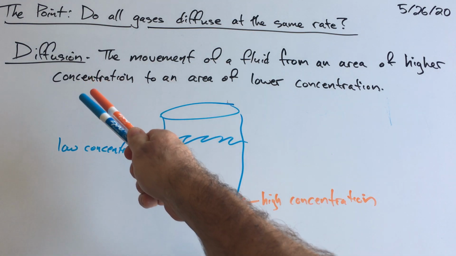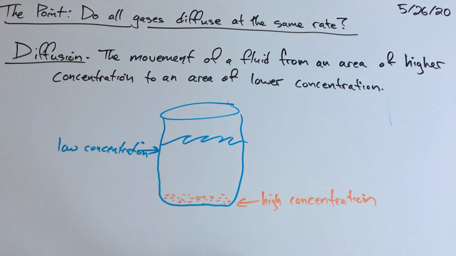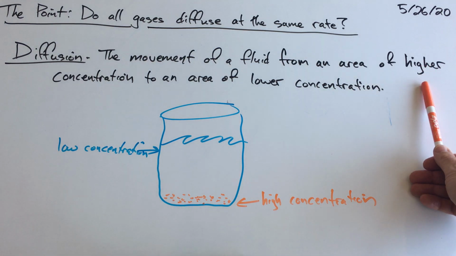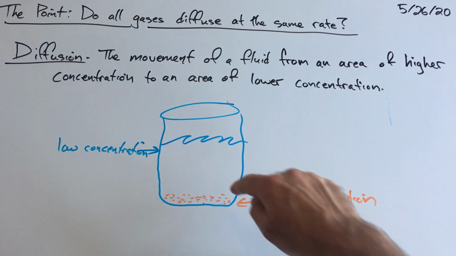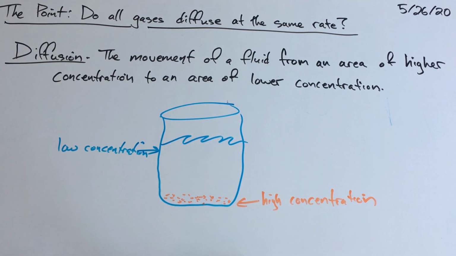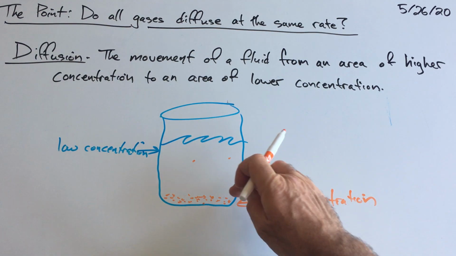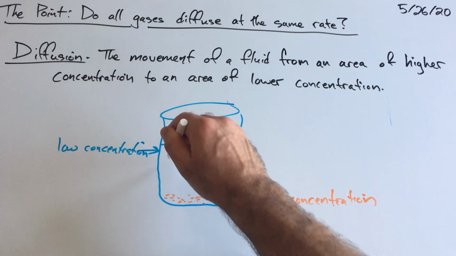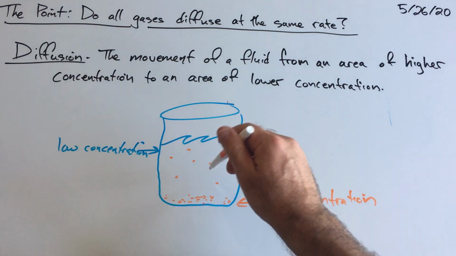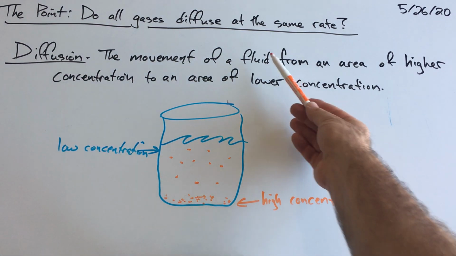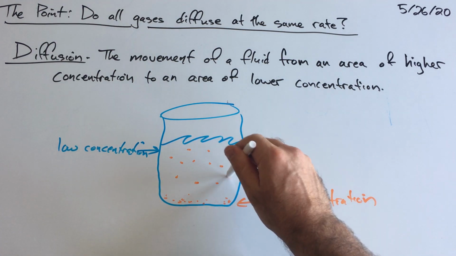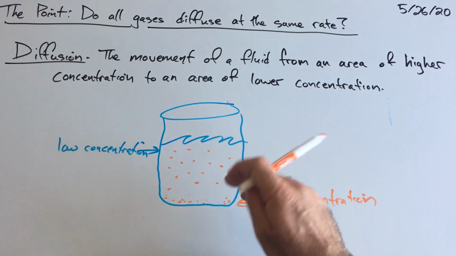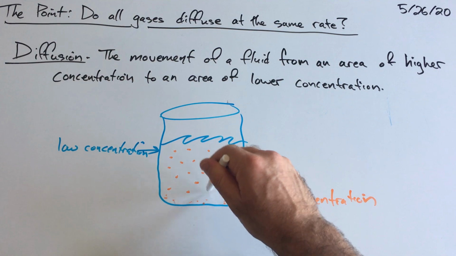And what diffusion says is that given enough time, everything moves from a higher concentration to a lower concentration. So if I wait long enough, that dot is going to get brought up there, and those dots will get carried over to there, because they are fluids and they can move around. And these dots will get dispersed here, and those dots will get dispersed there.